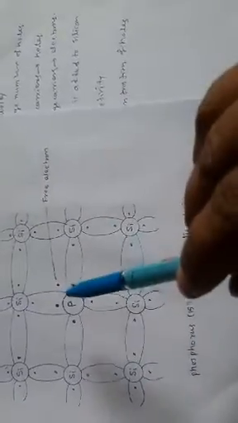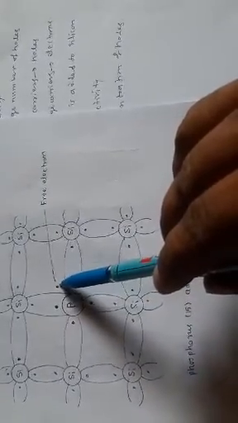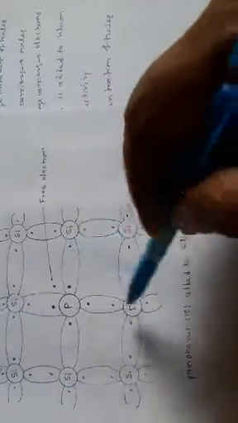In case of N-type impurity, which means pentavalent impurity, one electron becomes free, so it is known as the donor impurity. It donates one electron to the crystal, so it is known as the donor impurity.